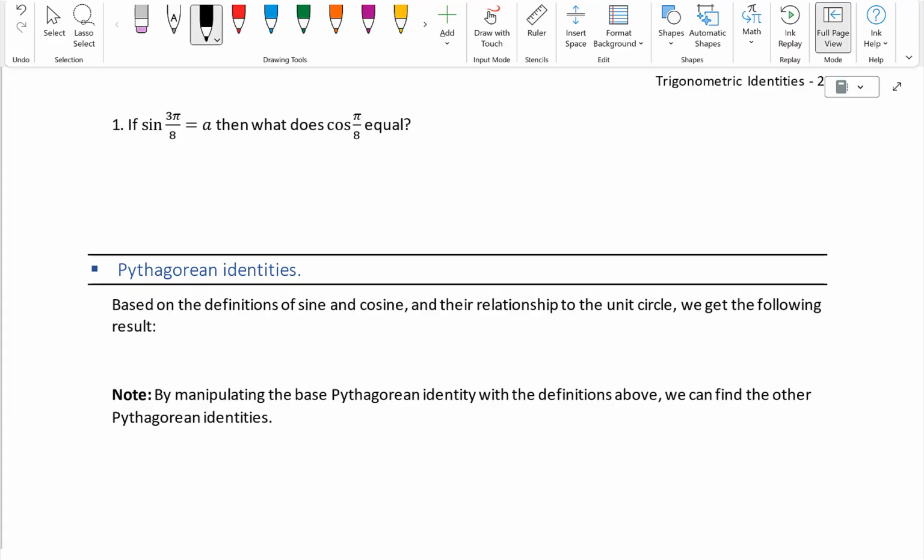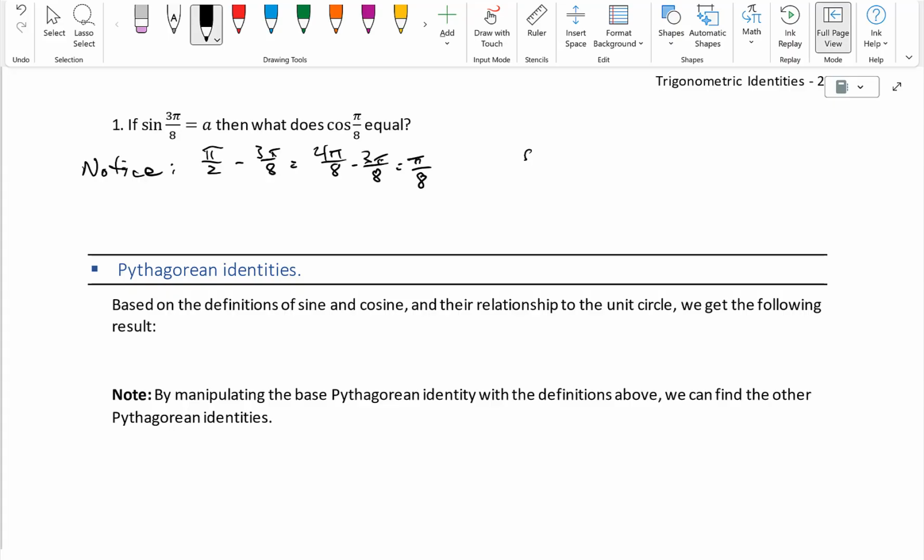For 1 then, we have if sine of 3 pi over 8 equals a, then what does cosine of pi over 8 equal? So what we want to notice based on those cofunction identities is that pi over 2 minus 3 pi over 8 is 4 pi over 8 minus 3 pi over 8, which is pi over 8. So together these two would add to 90, or to pi over 2 radians.